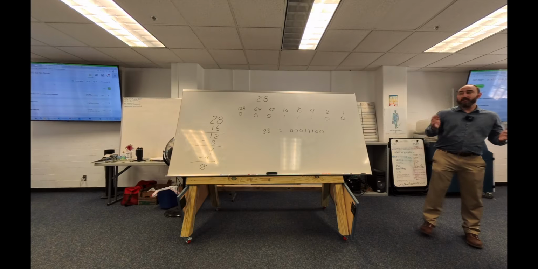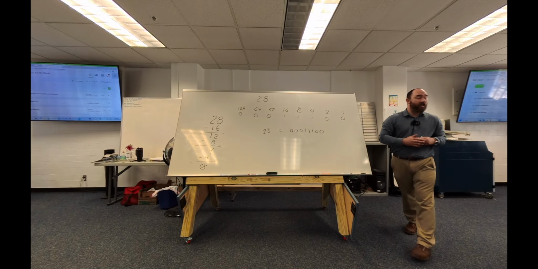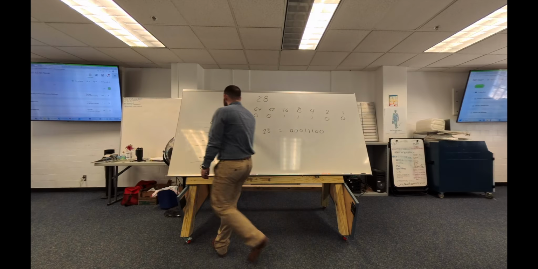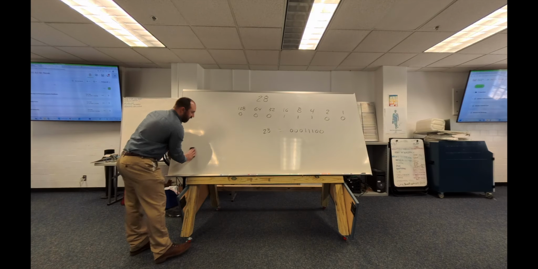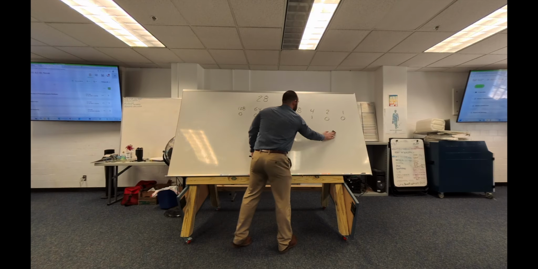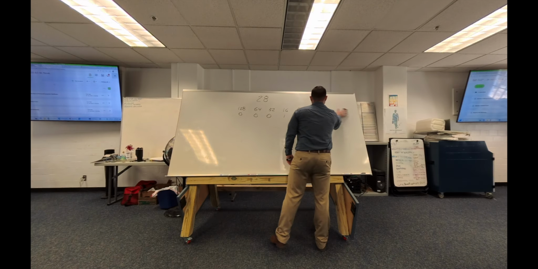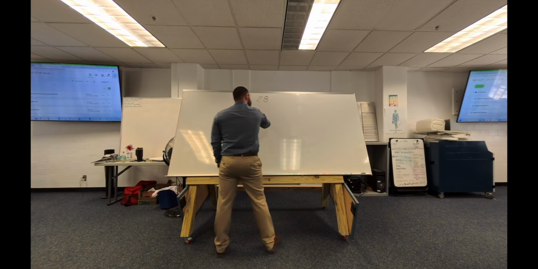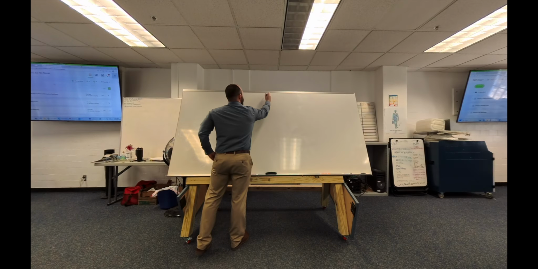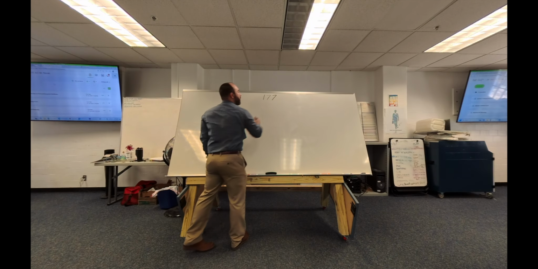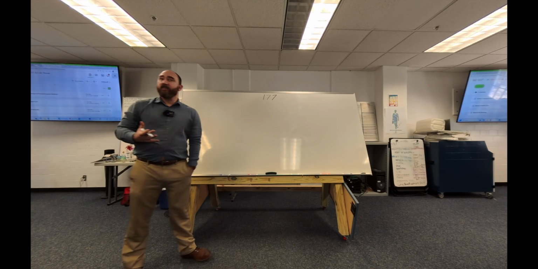Make sense? Let's do another one. Someone give me a more challenging number. 177, is that what you said? 177, okay. The first thing I want to do is my number line.